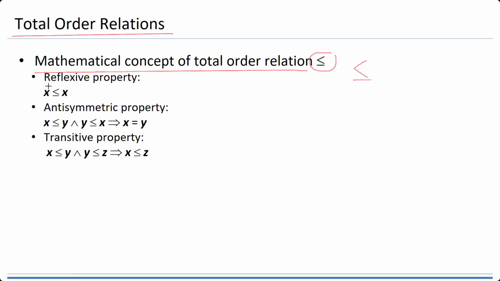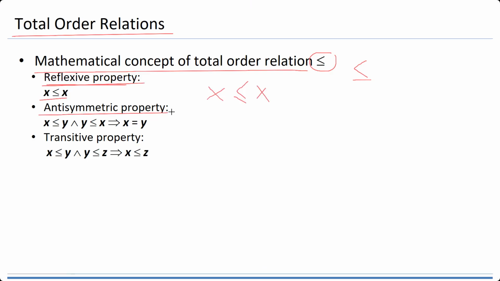And there are three properties. The first is the reflexive property. Reflexive property means that when we have x, x is less than or equal to x. And then we have the anti-symmetric property.